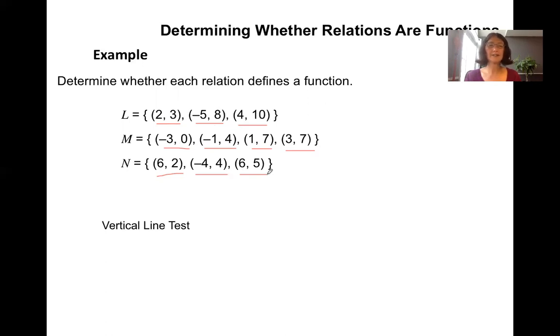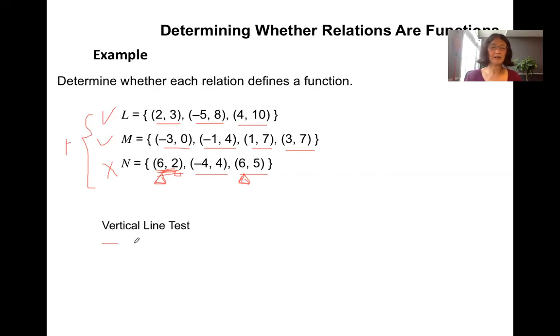However, this is not a function because when x equal to 6, in this pair, y gets 2. However, when x equal to 6, this pair said y equal to 5. So this violates the definition of function. Only L is a function, M is a function, N is not a function. However, all three of them are relations.